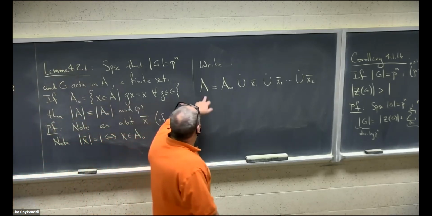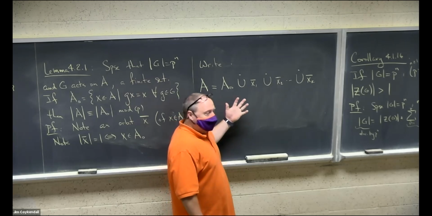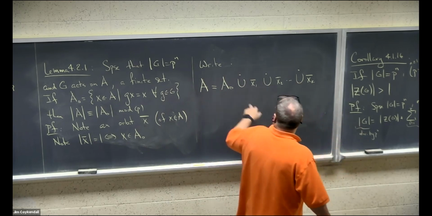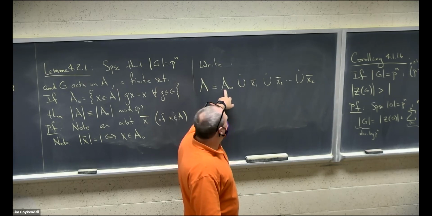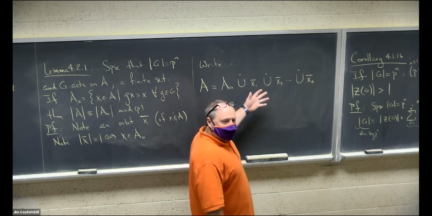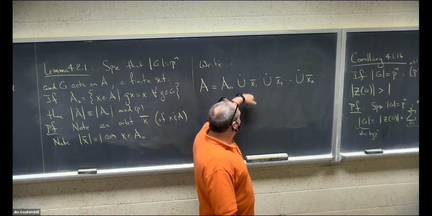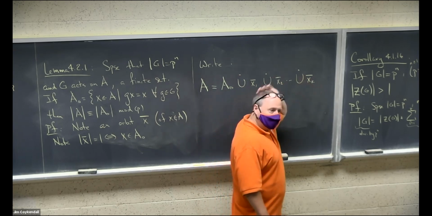So these are all the elements of A, and what I've done is I've really listed the orbits here. And this is similar to what I did to that class equation here. This A0, these are all the elements here that orbit only to themselves. Okay, now let's suppose that there's something that doesn't orbit to itself, like x1. We're looking at its orbit, everything that's equivalent to that, then x2's orbit all the way up to xk, right?